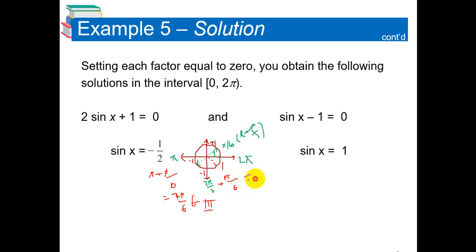When you take the LCM, this will become 6, and it's 11 pi over 6. So the next solution will be 11 pi by 6.